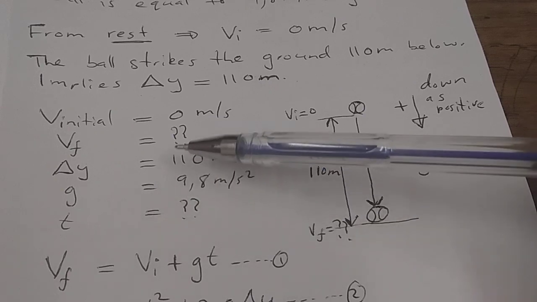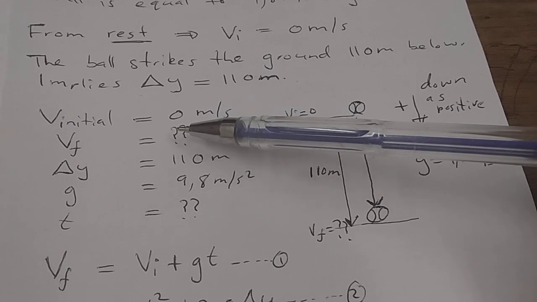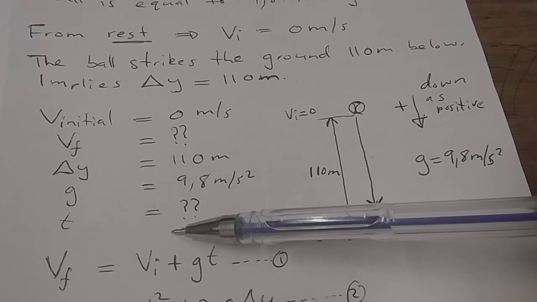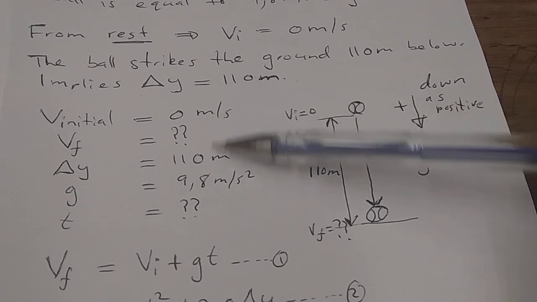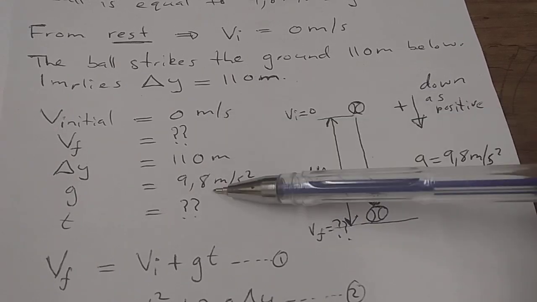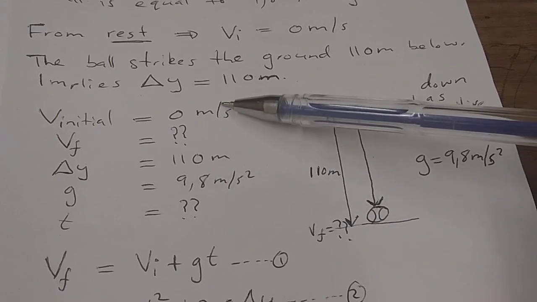And you must notice that most of the times you have 2 unknowns. Most of the times in your equation you'll be already given 3 values which you already know.